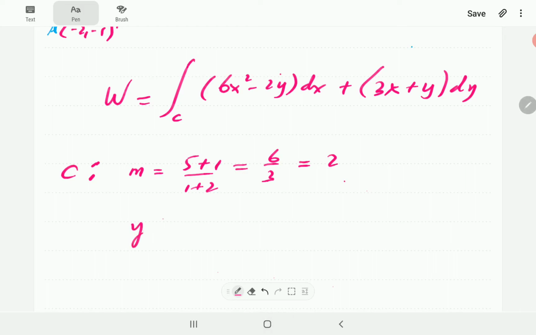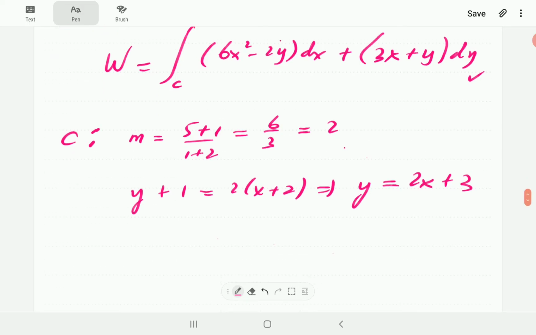And so if we use the one-point form of the equation of a straight line, this gives us the equation y is equal to 2x plus 3. So this is the equation that we can use to express this integral in terms of one variable.